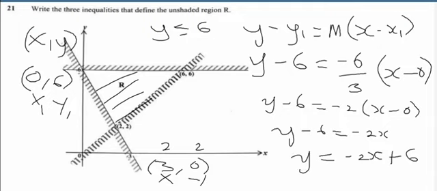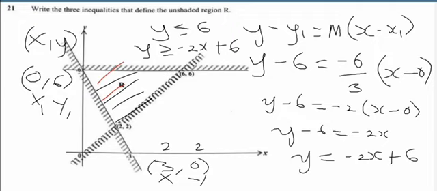So is this part here which is not shaded greater than or equal to, or less than or equal to? It is greater than or equal to. So we say y is greater than or equal to negative 2x plus 6. So this one here is our second inequality.